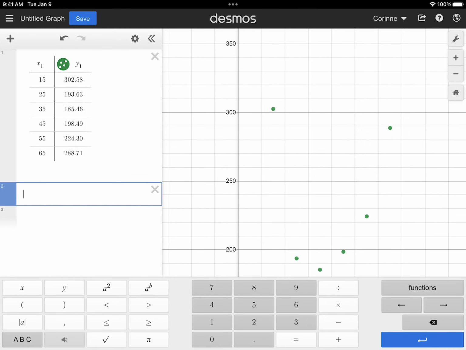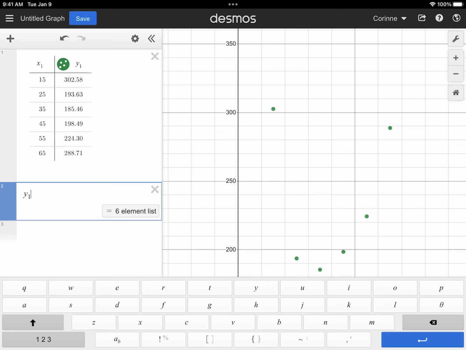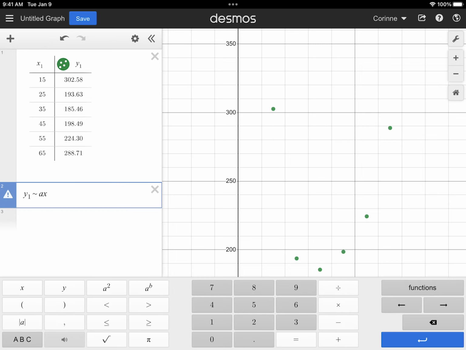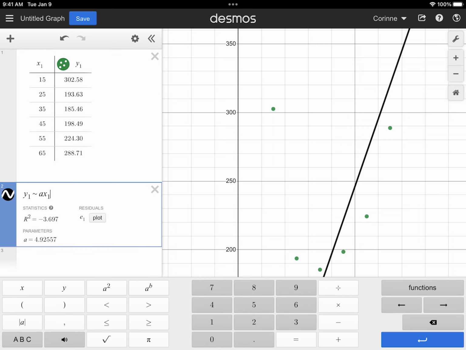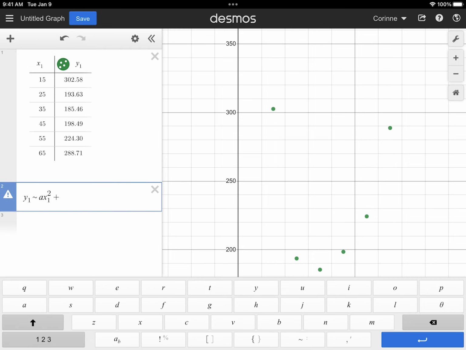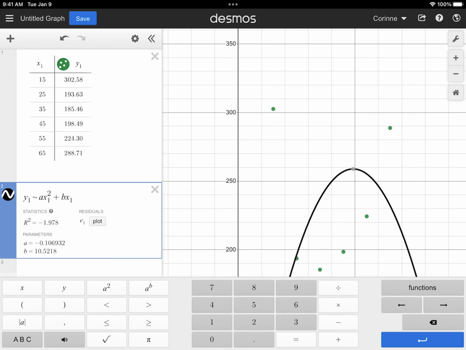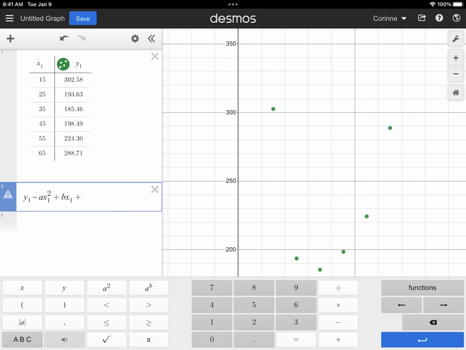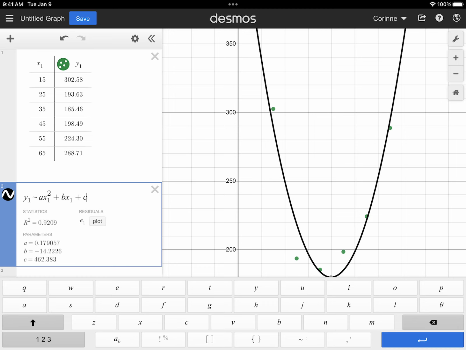So again, y1, then our tilde, and then we have ax1 squared plus bx1 plus c.